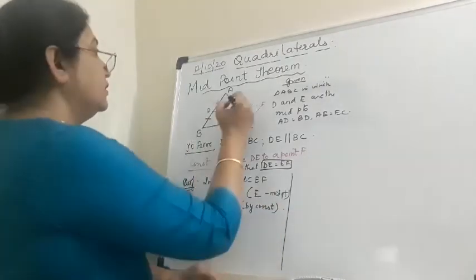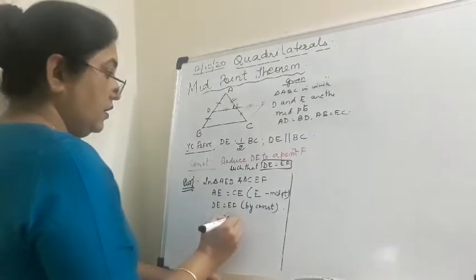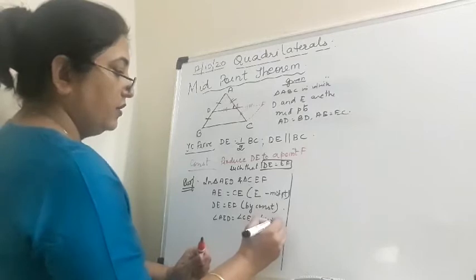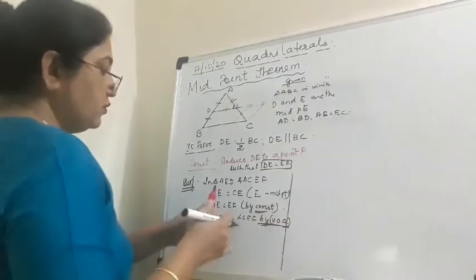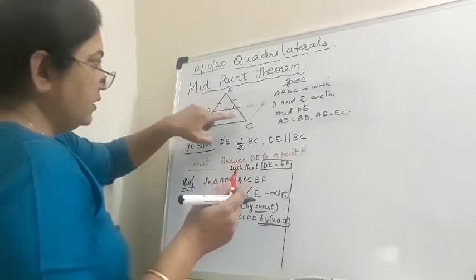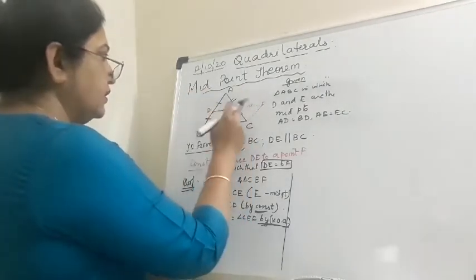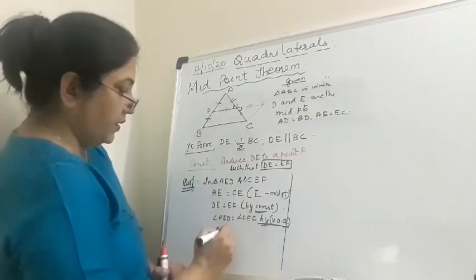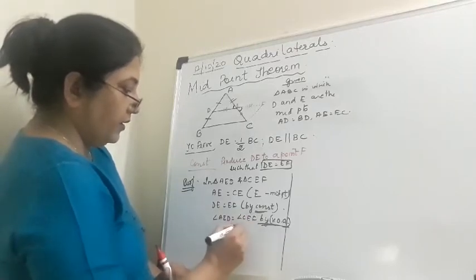And angle AED is equal to angle CEF by what? They are vertically opposite angles, which are always equal. So you have understood that AE is equal to EC, DE is equal to EF, and the included angles are equal. Therefore the triangles are congruent by which criteria?